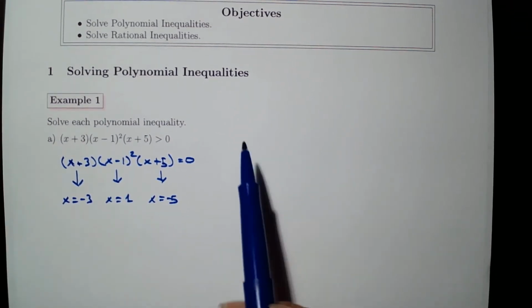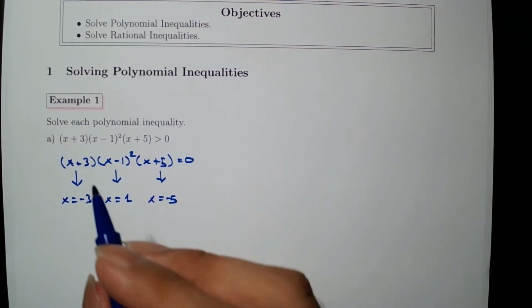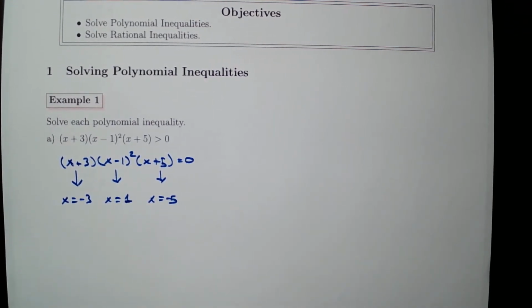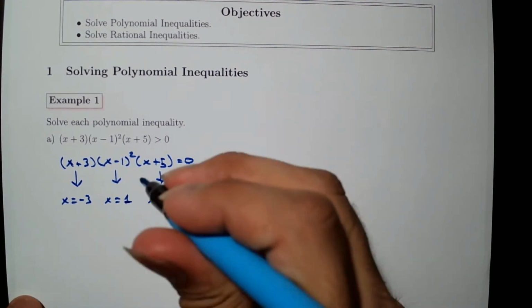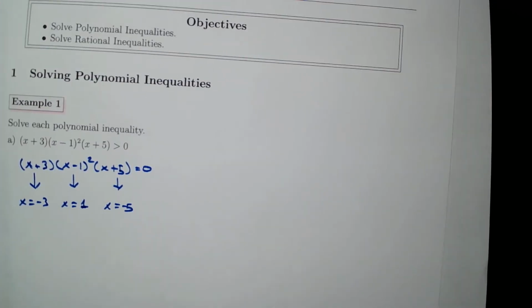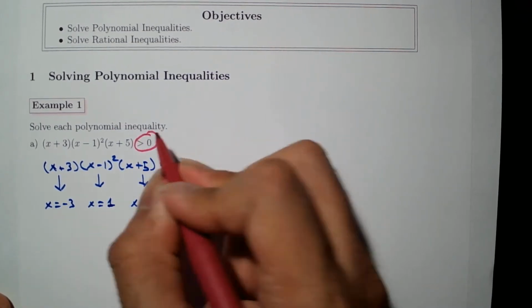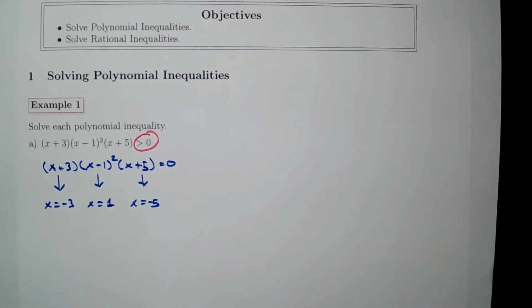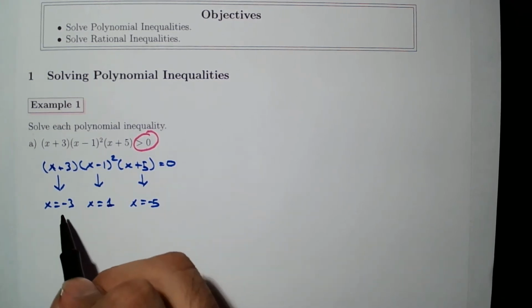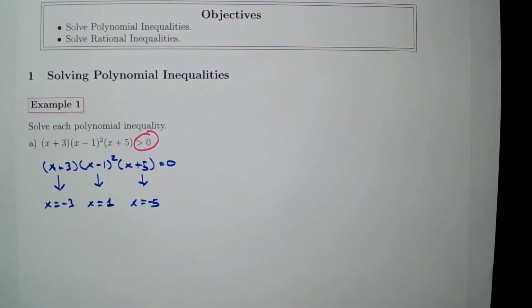And then we're going to plot these points on the number line. However, be careful, keep in mind the inequality sign. In this case, we have greater than, not greater than or equal. So when we plot these 3 points on the number line, we are going to plot these numbers from smaller to larger.